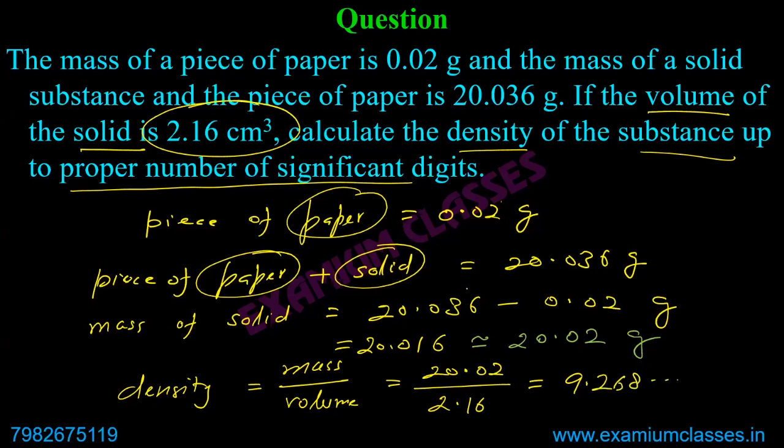But this is division, and in division you see the minimum number of significant figures, which is 3. So the answer must have 3 significant figures only. It means you need to remove this 8. When you remove this 8, it will be 9.27. 8 removed, added 1 to 6. Gram per ml.